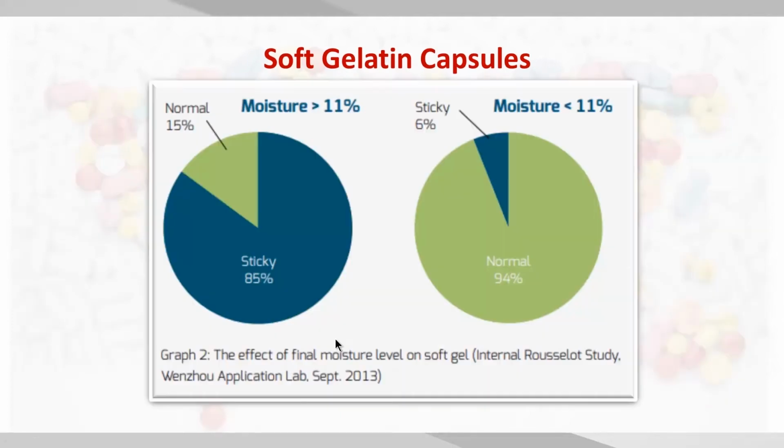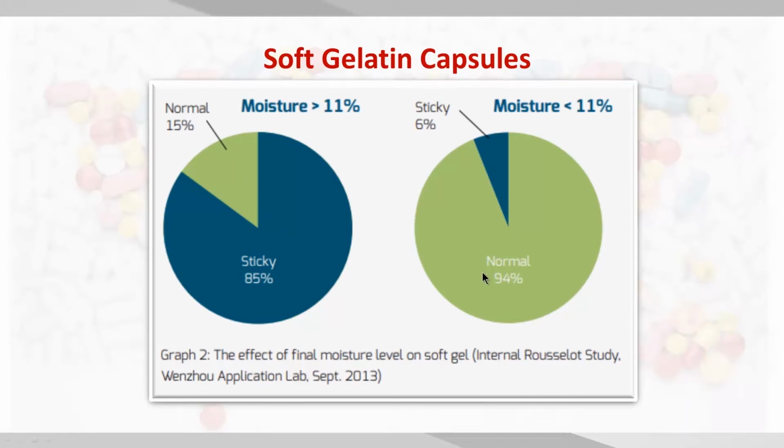formulation. In this diagram, the effect of moisture present in various concentrations in the shell of soft gelatin capsule has been shown. In the left diagram, the moisture content is higher than 11% and the normal type of soft gelatin capsules we can get is only 15%, and the rest 85% are sticky in nature.